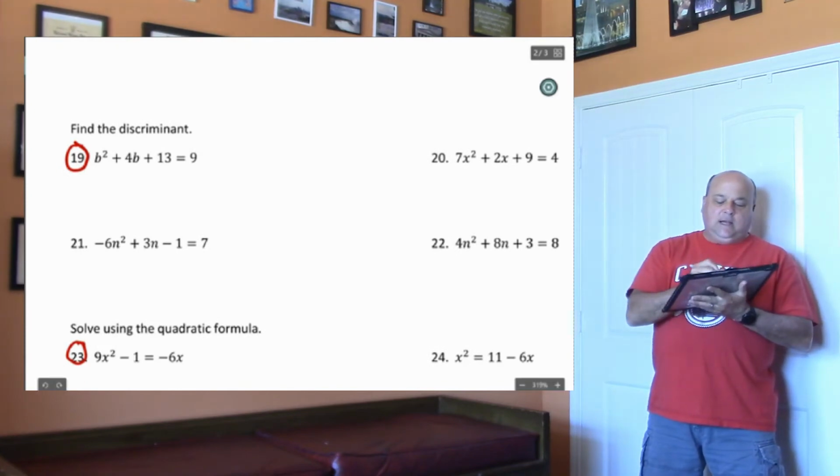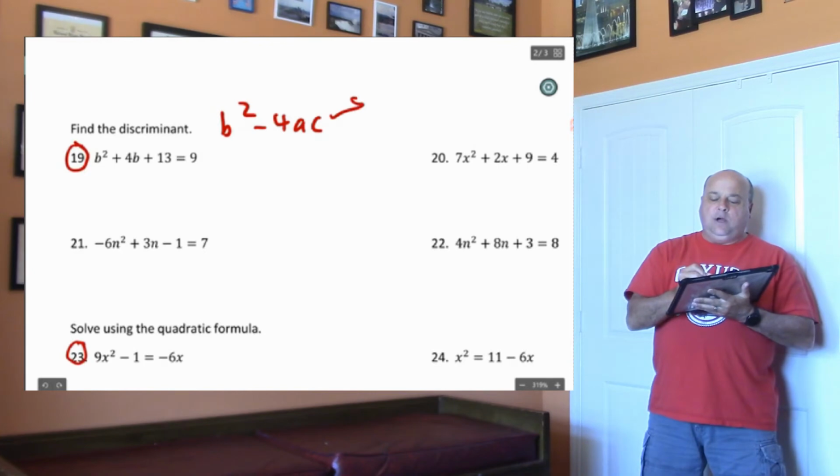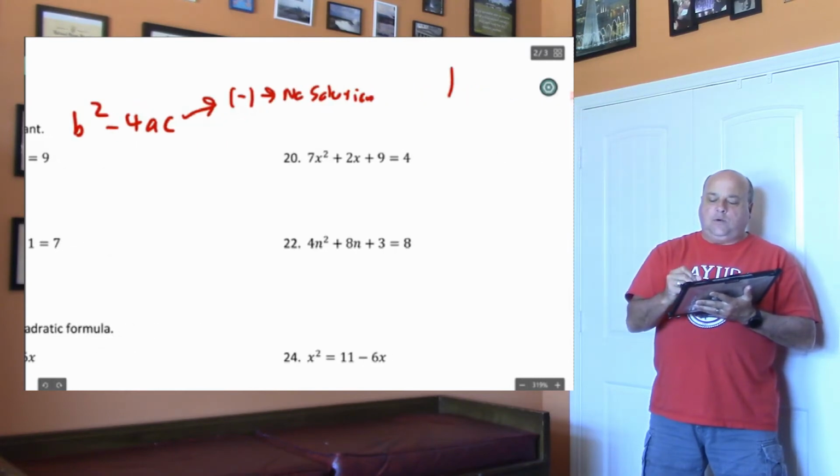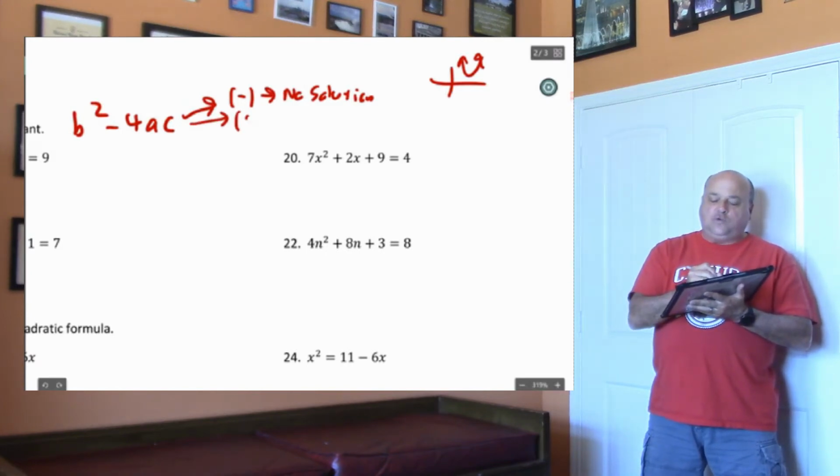The discriminant is b squared minus 4ac. And remember, if the discriminant is negative, there's no solution. And if there's no solution, the parabola would look like this, right? It would not cross the x-axis. If the discriminant is equal to 0, there is one solution.